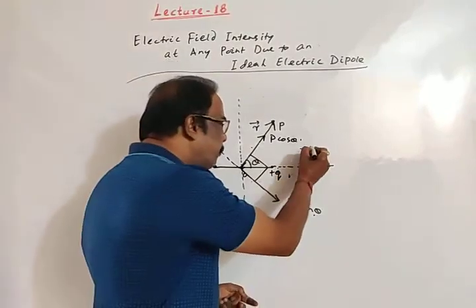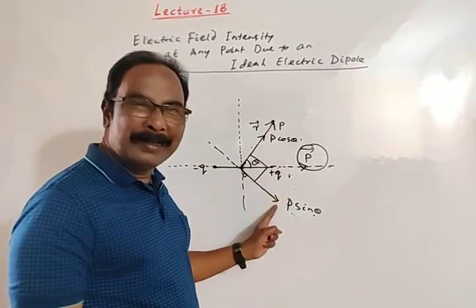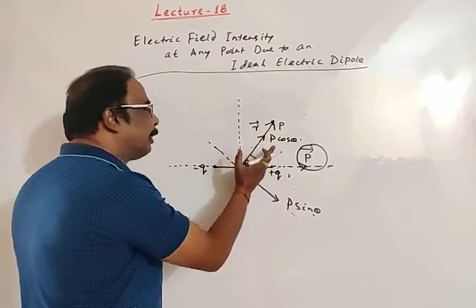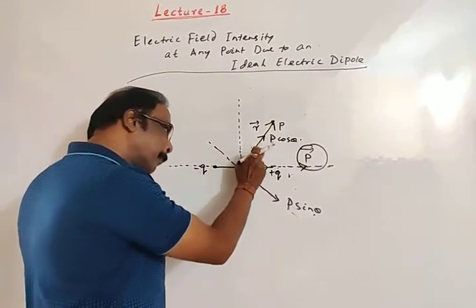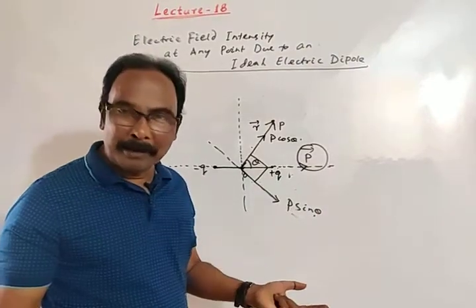This dipole moment P is resolved into two rectangular components. So we may assume this P cos theta due to one dipole and P sin theta due to another dipole.